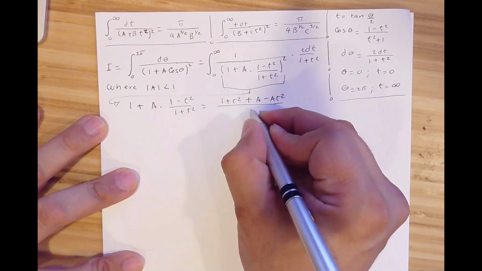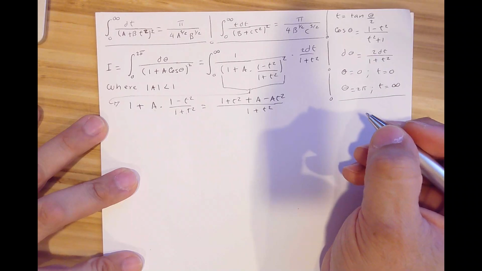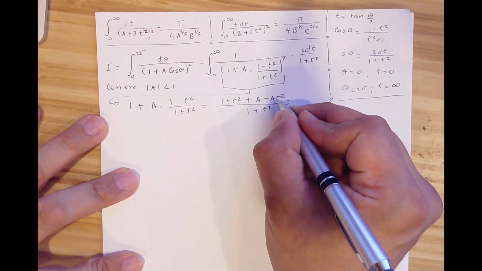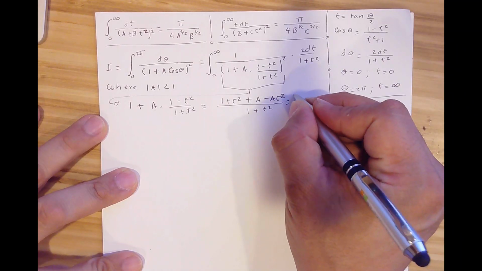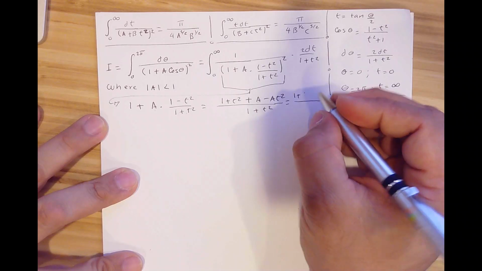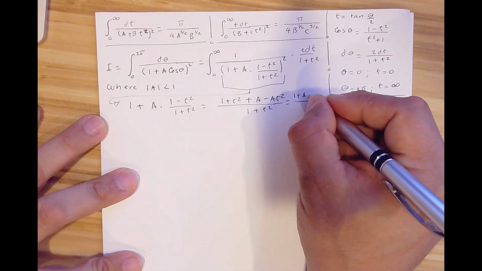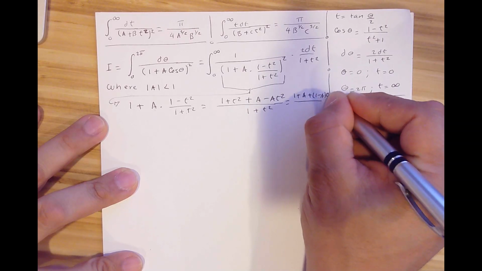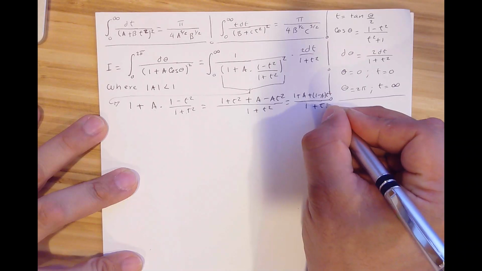And in the denominator we keep 1 plus t squared. And this part we can still obtain this t squared here, so we will have 1 plus a plus 1 minus a t squared, right, over 1 plus t squared.